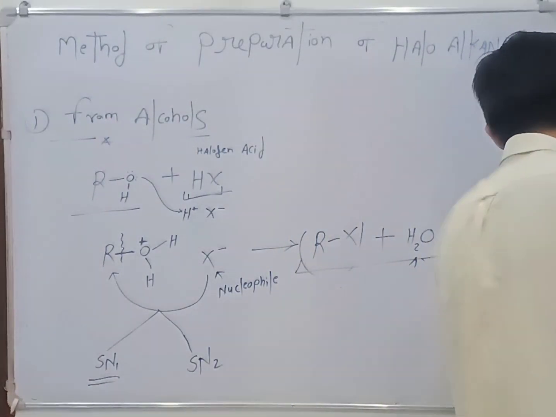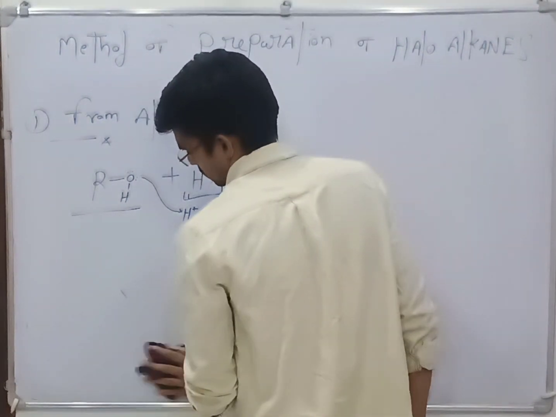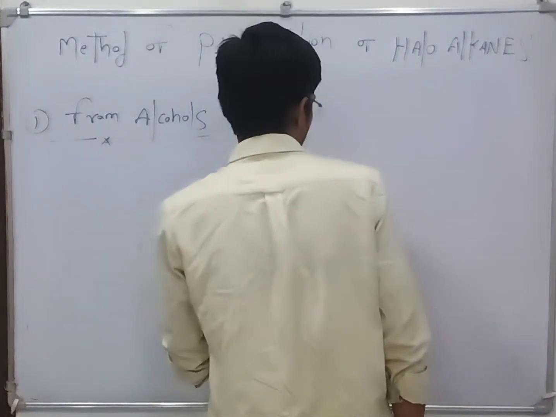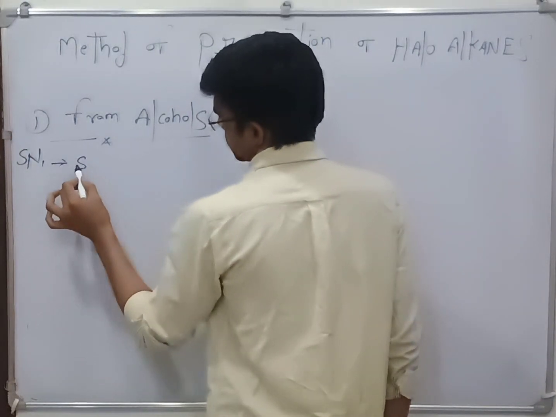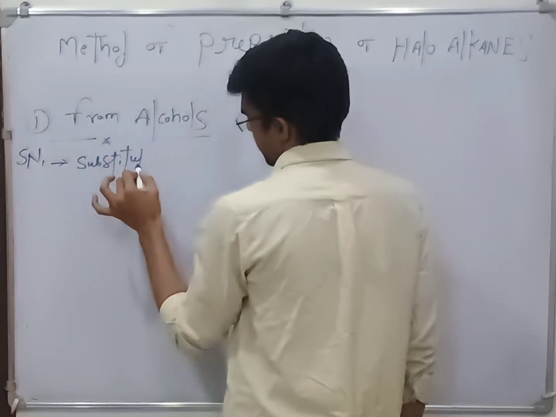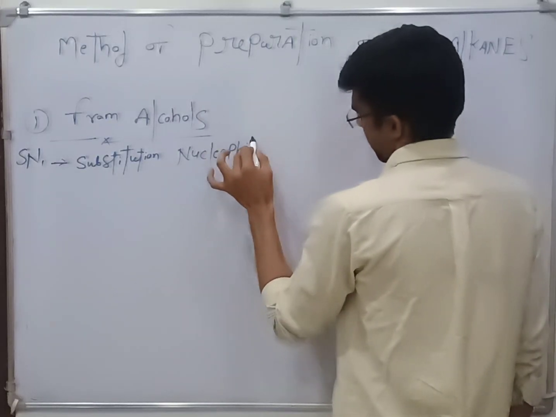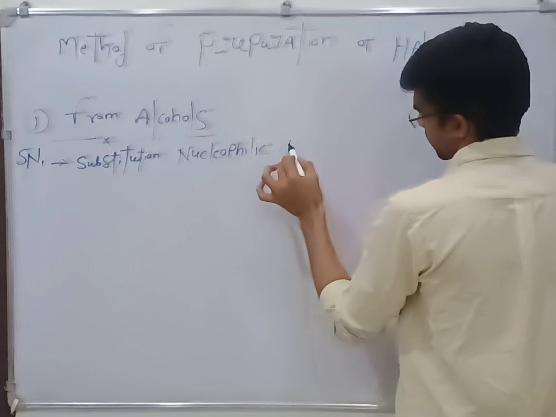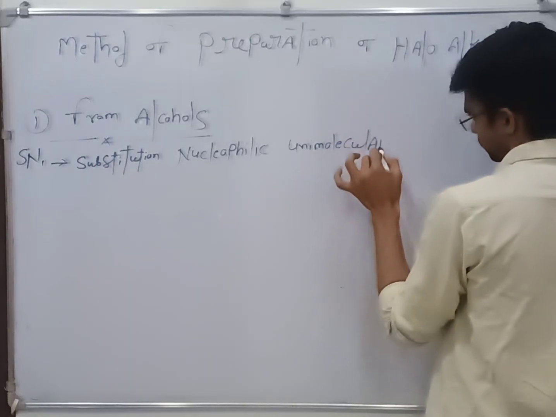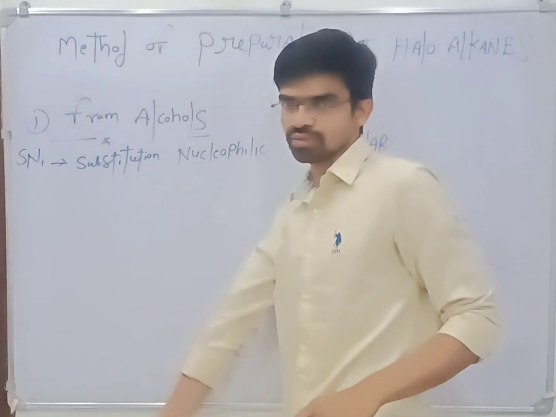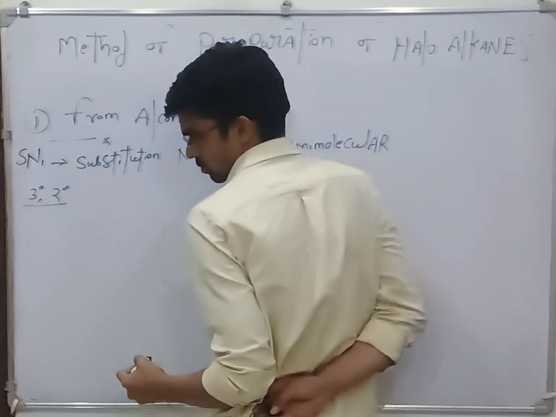All right, see here. First one is SN1, that is substitution nucleophilic unimolecular. In an SN1 type reaction, we take a 3-degree or 2-degree carbon compound.